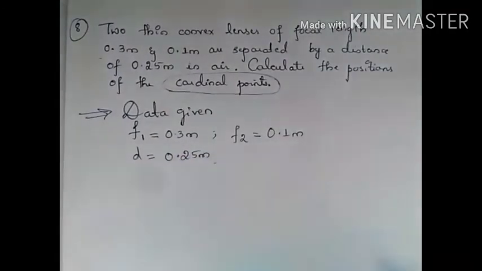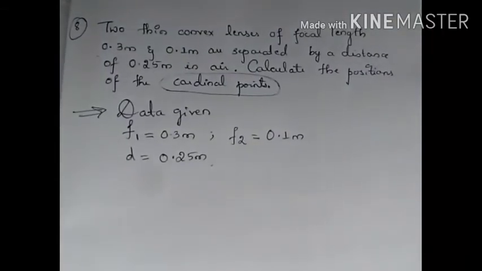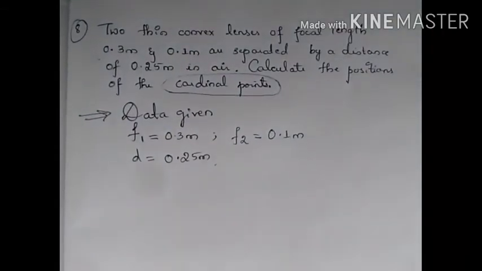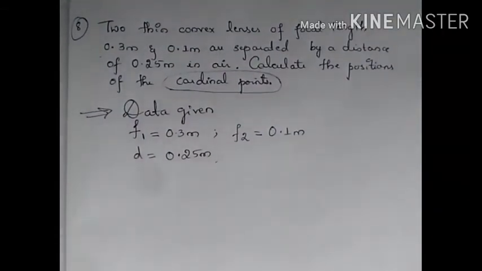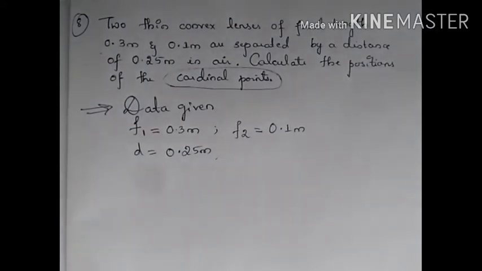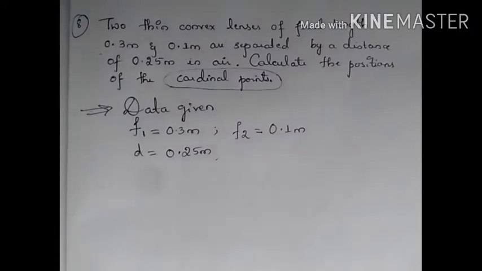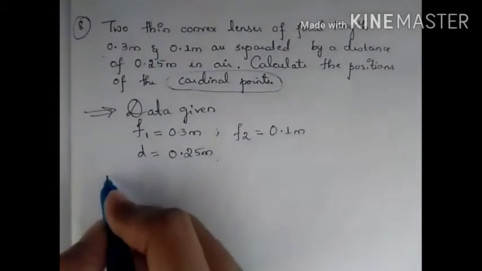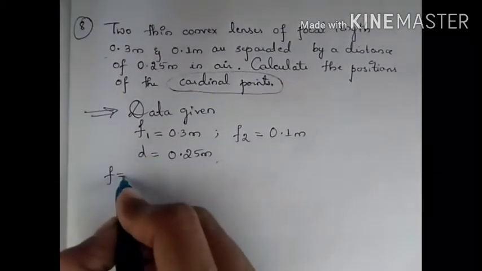All these questions are pretty much similar to each other, so there is nothing much difficult in solving these problems. If you go through around 4 to 5 problems, you will have the idea of how to solve them. This question here is so simple. This is just a combination of all the problems which we have done earlier. So here you can directly find the equivalent focal length.